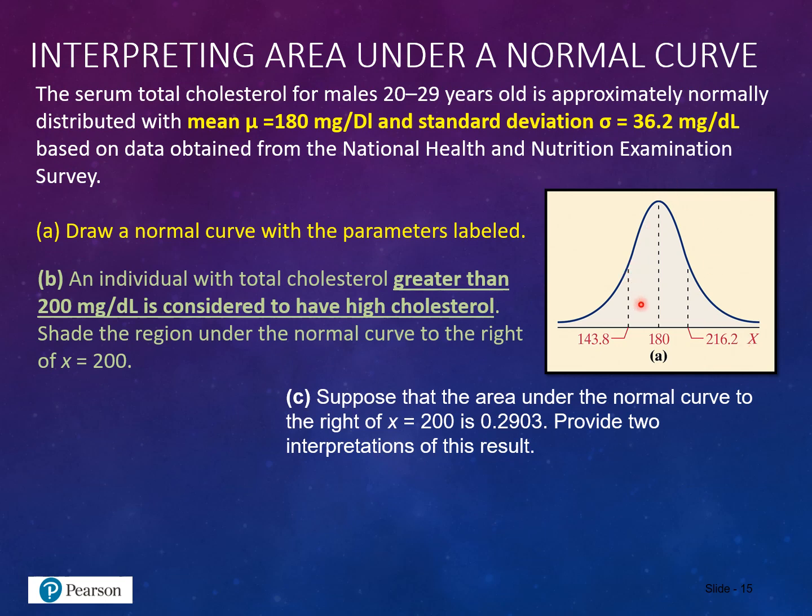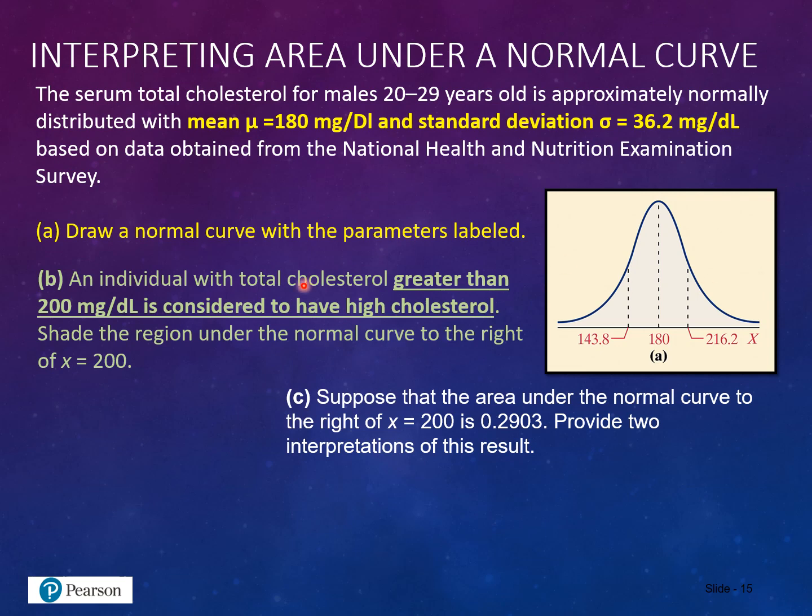And they're also at the mean, 180, minus 1 standard deviation, 36.2, and 180 minus 36.2 gives me 143.8. And so again, these inflection points are where the curve changes from concave down to concave up. It's where the spoon flips over, if you will. Okay?